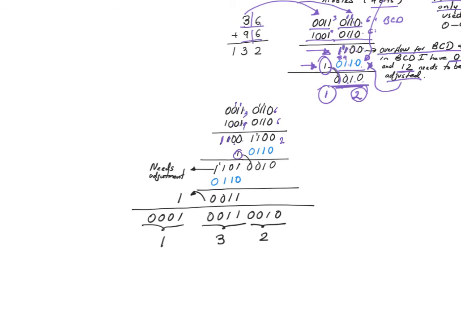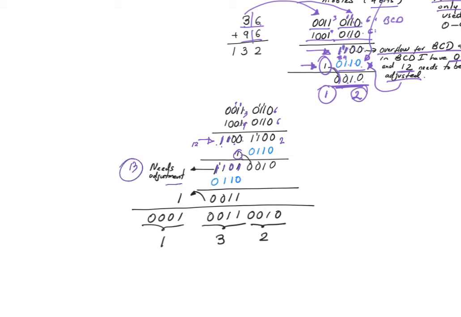So we have another overflow here because this is, again, 12. We need to make a correction, but first we need to add the carry that we had before. So 0 plus 1, 1, 0, 1, 1. So we get here a 13.